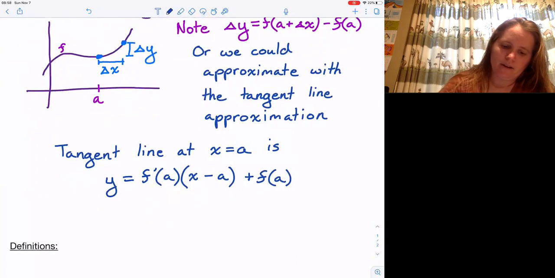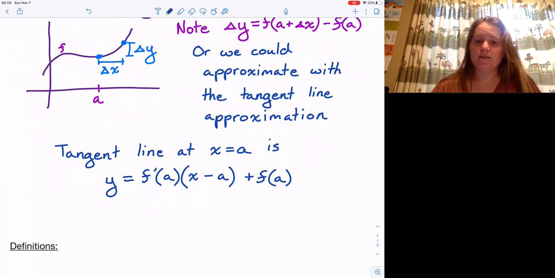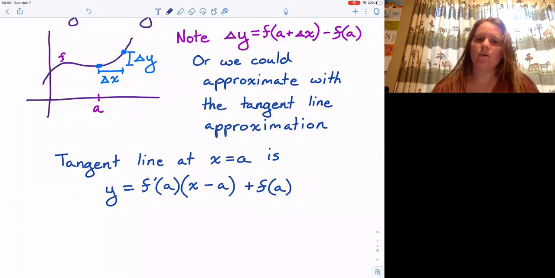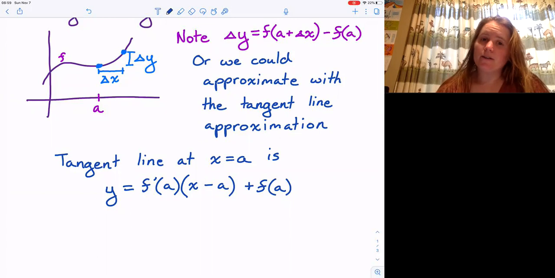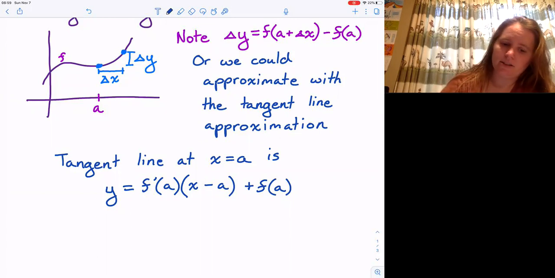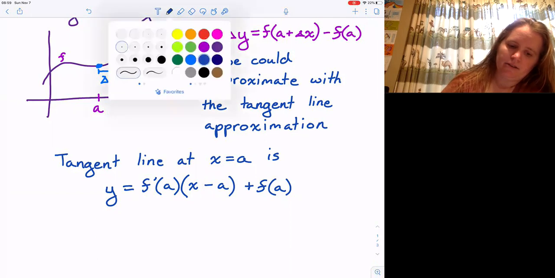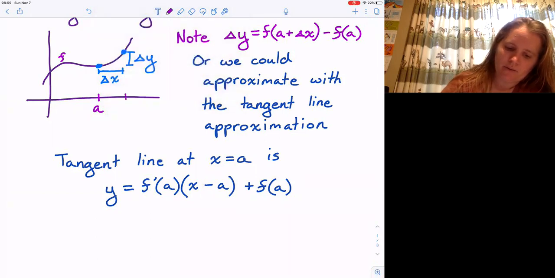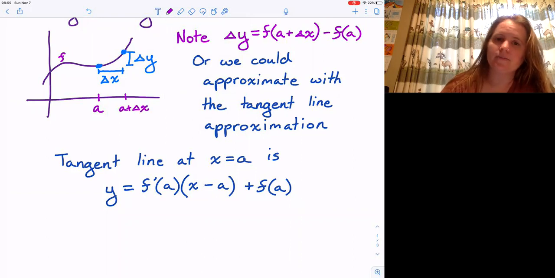So I need to give myself a little more space. We can now figure out the approximation at a plus change in x. Right, so the second point we were looking at would be a plus the change in x, or delta x.